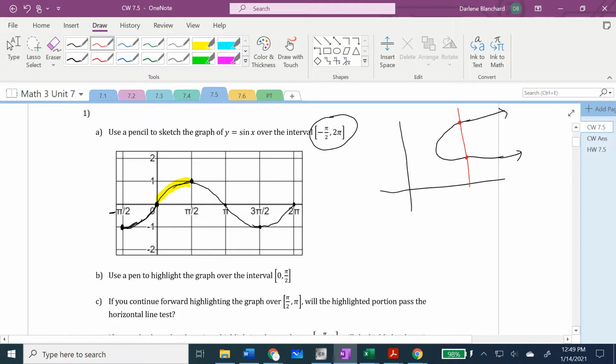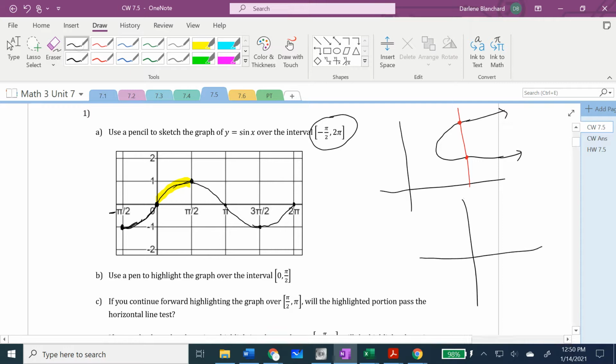Or at least I can draw a vertical line that will cross that graph more than once. That means that graph is not a function. At least, particularly, it is not a function where x is the input variable and y is the output variable.